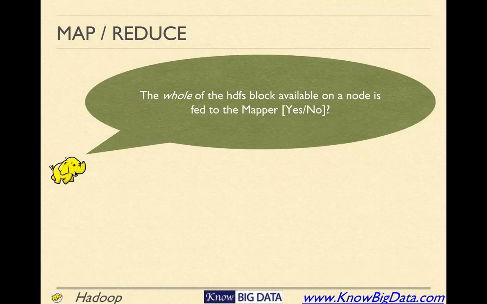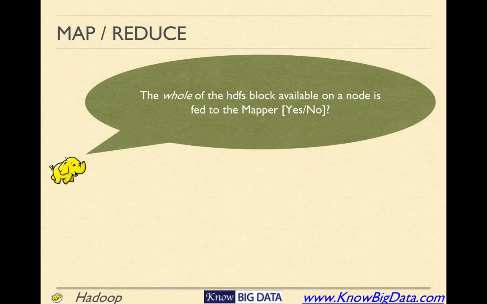I'm using the word ruthless because HDFS does not care whether the boundary is in the middle of a line, a sentence, or a word. HDFS slices the file ruthlessly into exact sizes of 128 MB, except for the last one, the remainder, which is generally smaller than the normal blocks.